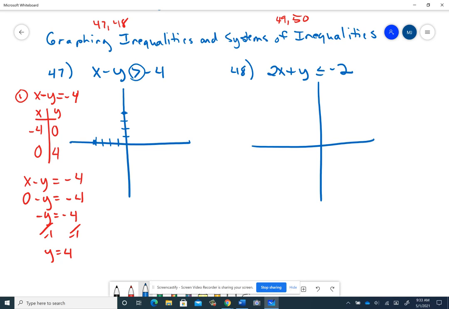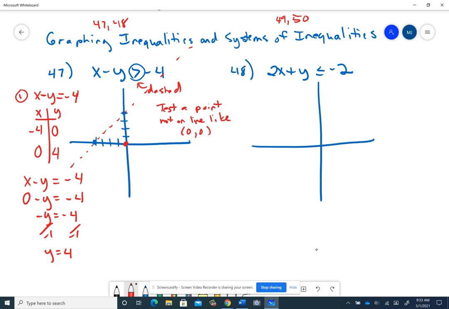You see how it's greater than? This is dashed, because it doesn't have the or equal to. Now we need to do a test point. So the next thing we're going to do is test a point that's not on the line, like 0, 0.